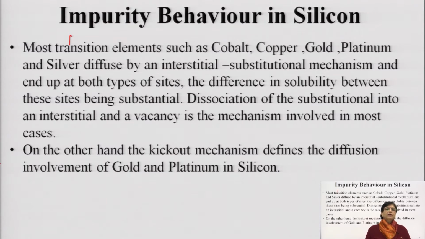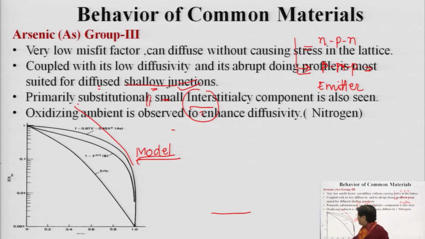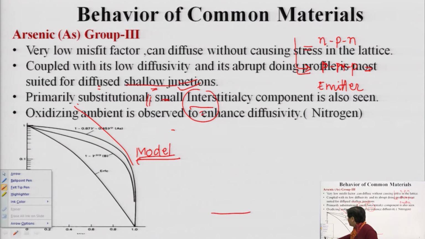On the other hand, the knockout mechanism defining the diffusion in case of gold and platinum also makes them tend to get deeper into the silicon, and therefore, you have typical behavior shown by the silicon.